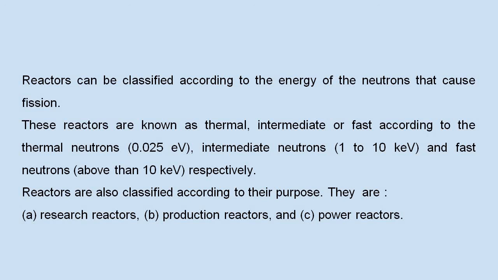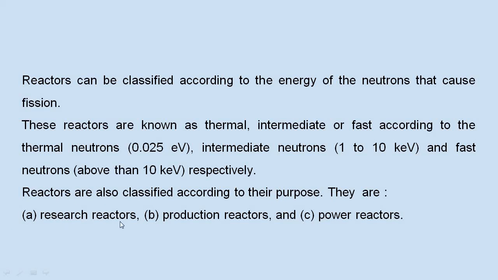Fast reactor, or fast breeder reactor, means it is caused by fast neutrons. The energy ranges are: for thermal neutrons 0.025 electron volt, that means 25 meV; for intermediate neutrons, 1 to 10 keV, kilo electron volt; and for fast neutrons, the energy should be greater than 10 keV.